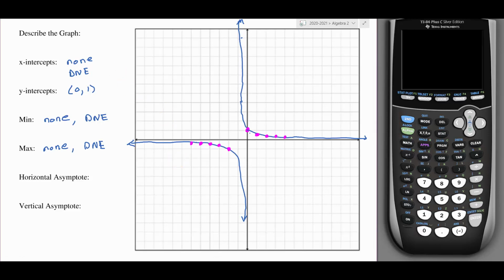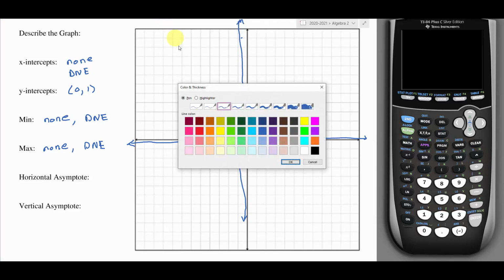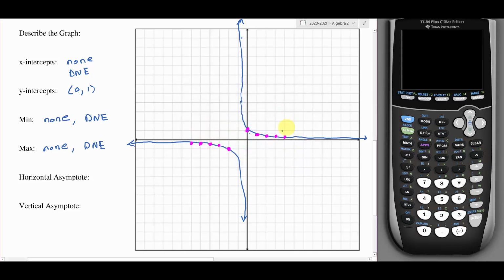Okay, so I'm going to switch colors here. Let's go with a real thick green pen, and I'm going to draw in the asymptotes so that you can see them. So we have an asymptote here on the x-axis because we get really close to the x-axis, and we never touch the x-axis. Okay, so since this line is horizontal, we would call that a horizontal asymptote.